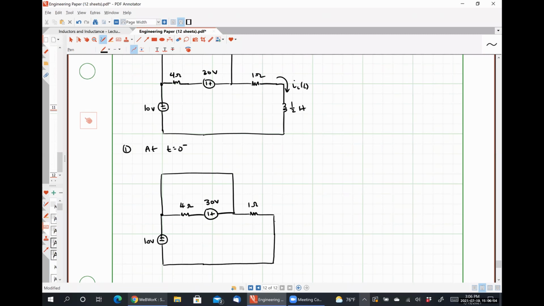Here is our 1 ohm resistor. Here is our inductor current IL at 0 minus. Anybody care to tell me what IL at 0 minus is going to be here? Any thoughts?